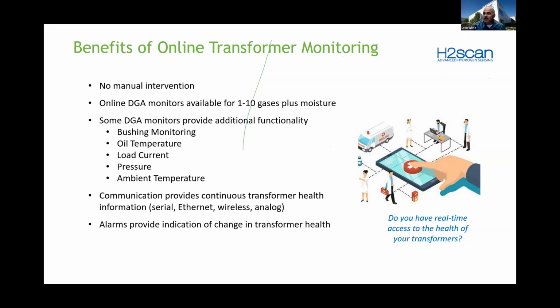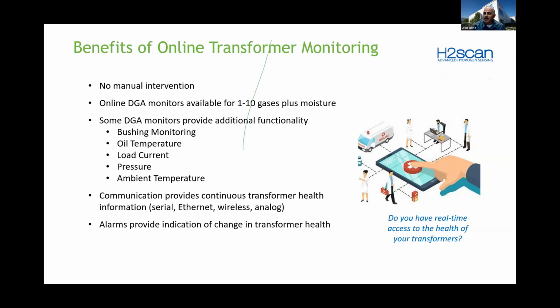and provide a test result that's not as good as possible. And so the nice thing about online DGA monitors is they're on the transformer. As long as they're installed and operating properly, they're providing real-time information, and there's no manual intervention. And so the risk of manual intervention issues is lower. You still have issues.